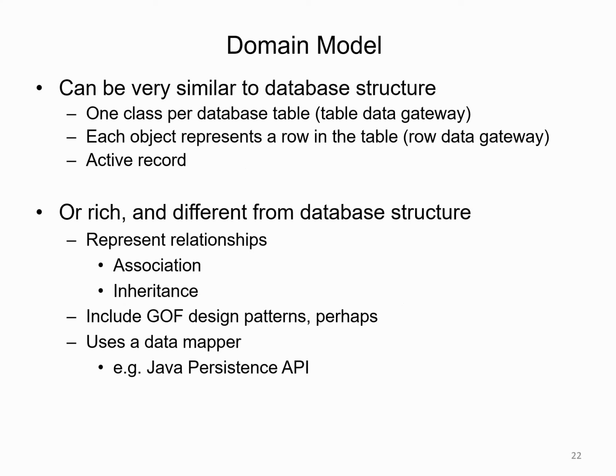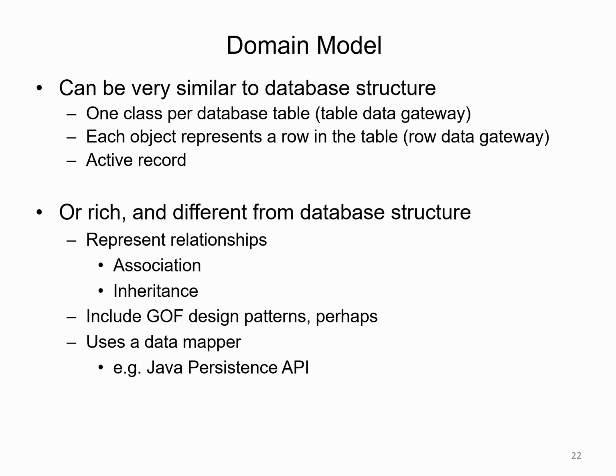On the other hand, you could come away from the database structure entirely and have a very rich OO model for your domain. And as I mentioned a few moments ago, that will mean that you'll need some kind of mechanism for mapping, and data mapper is one of the patterns that Fowler talks about in his book. You'll need some kind of mechanism that will map and compensate for the difference between a relational database and a rich object-oriented model, because they won't be the same.